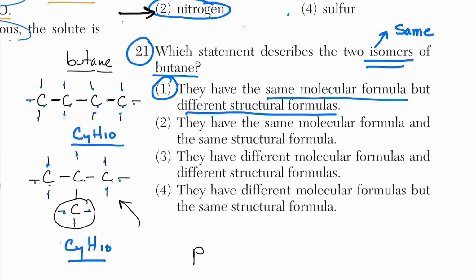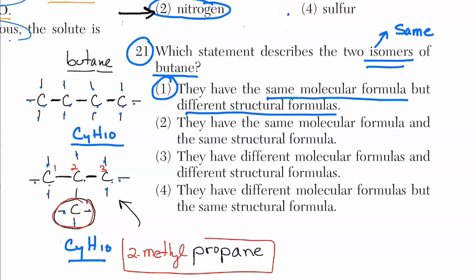So this is prop for the 3 carbon longest continuous chain. There are single bonds between the carbons, so that's an ane. But there's this methyl group, this 1 carbon group, and it's on the middle carbon, so to be on the 2nd carbon, we would say 2-methylpropane.